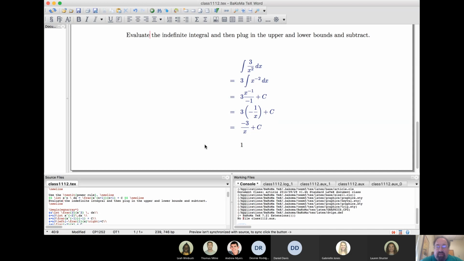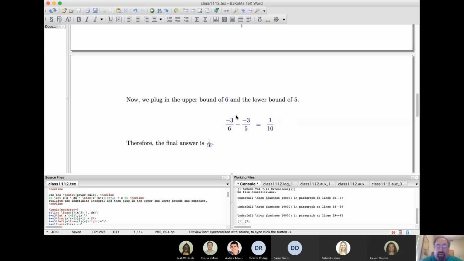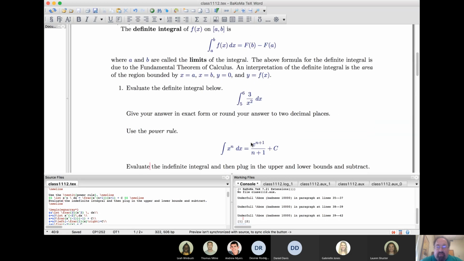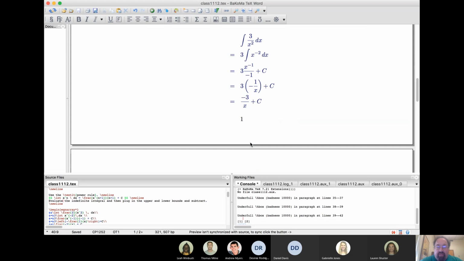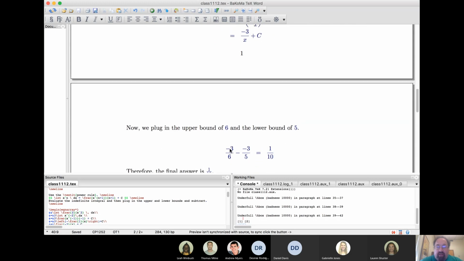Now this is what we would have done in the previous lesson, but the next step is to substitute the limits. The limits were 5 and 6. So whatever is the upper limit, you substitute that in first for x, minus the value of the antiderivative at the lower limit, which is 5.